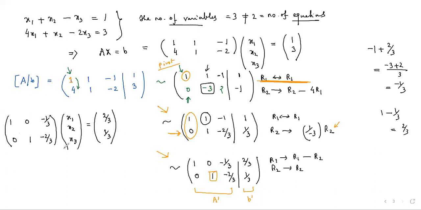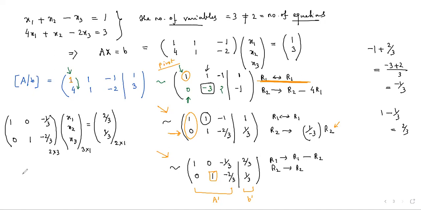Now the order of the first matrix is 2 by 3, and the second matrix is 3 by 1.